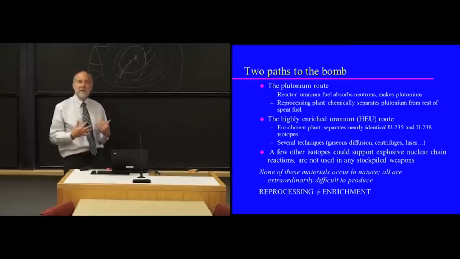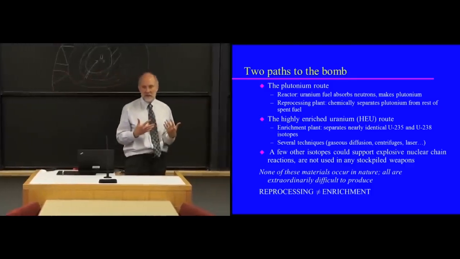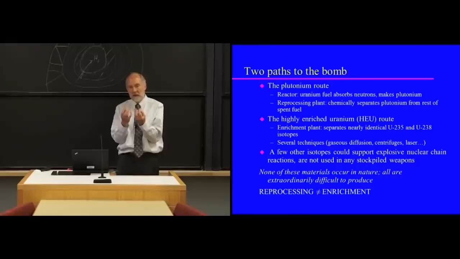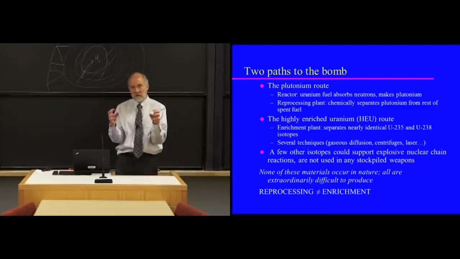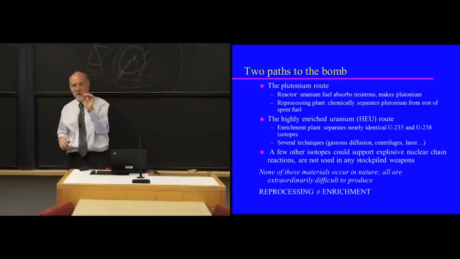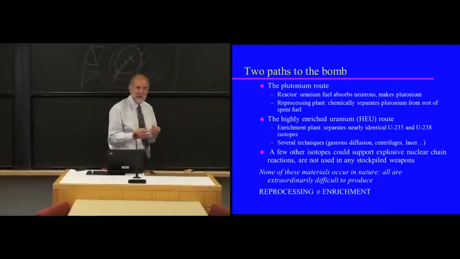On the highly enriched uranium route, you need an enrichment plant. That is something that takes these almost identical atoms of uranium-235 and uranium-238 and separates them out. Okay? Let me talk for a moment about what uranium-235 and 238 are and a little bit of the physics here.